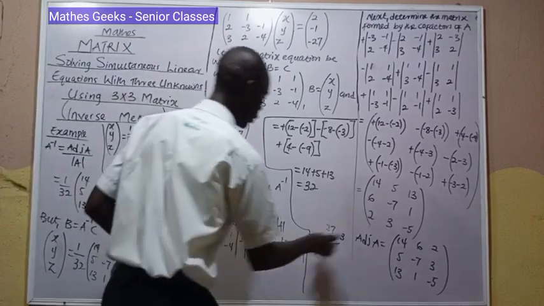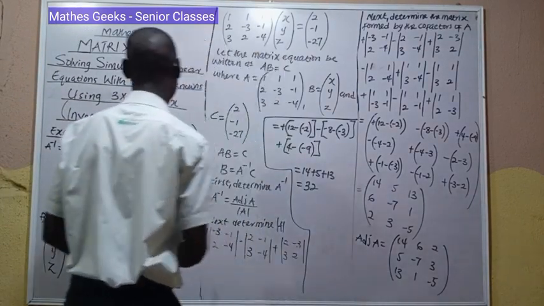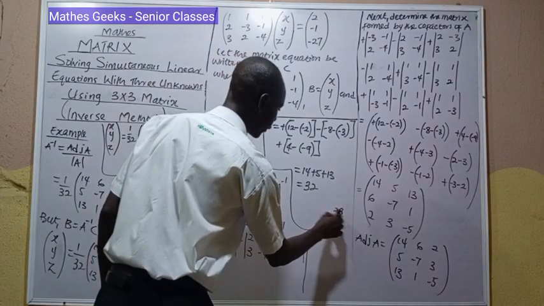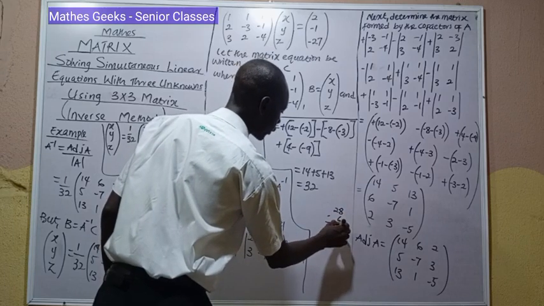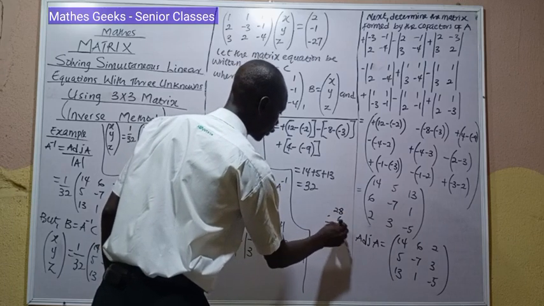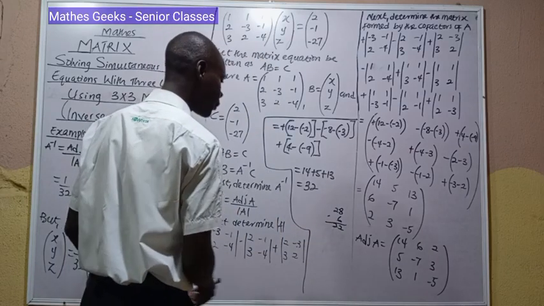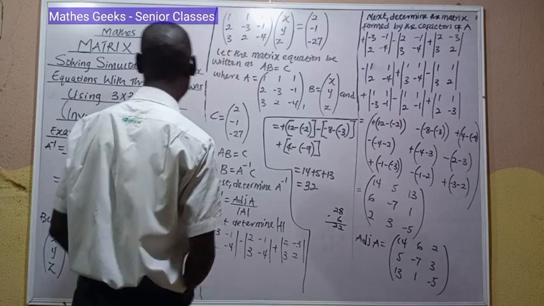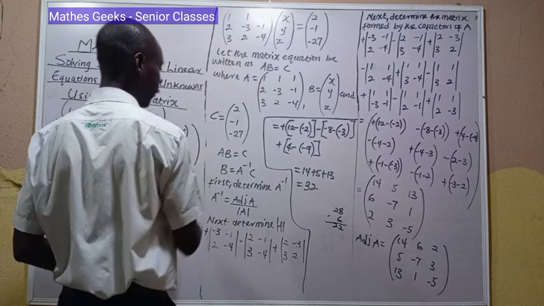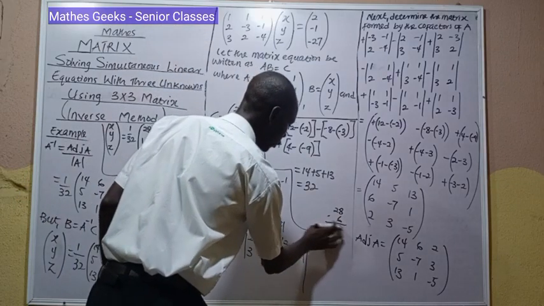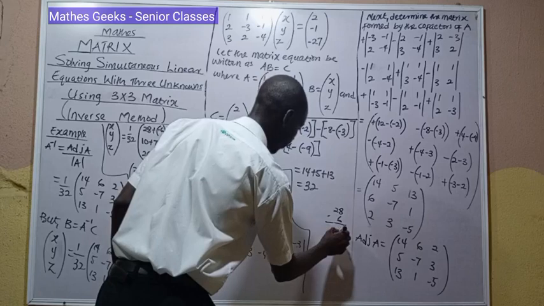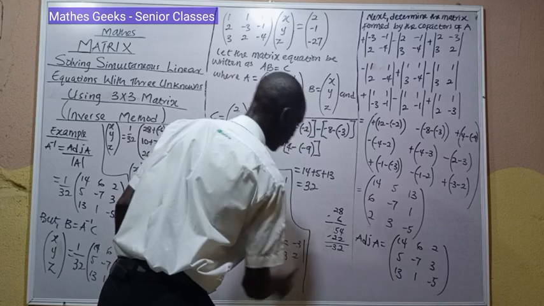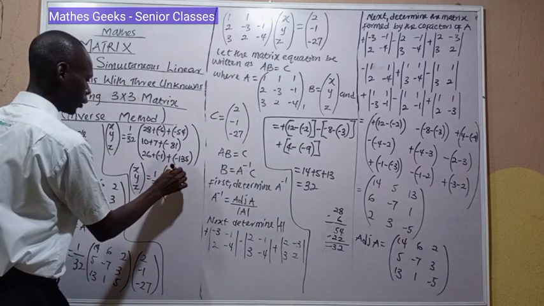So 28 minus 6 will give us 22. 22 minus 54: I remove 22 from 54, 54 minus 22 is 32, so that's minus 32.